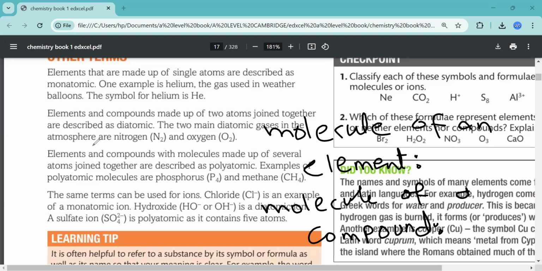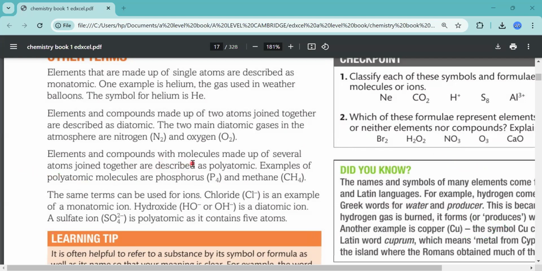You will get it: this is hydrogen, this is water. So what's the difference between both examples? The first example represents two hydrogen atoms chemically joined together. So this is a molecule of an element, meaning the same atoms are there. Molecule of a compound means they are chemically joined together, but both the atoms are totally different. So this is water.